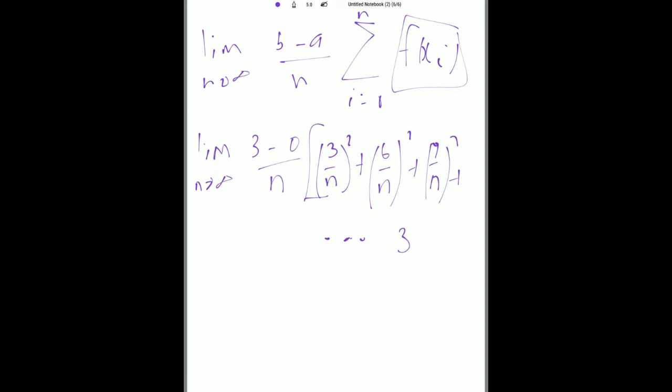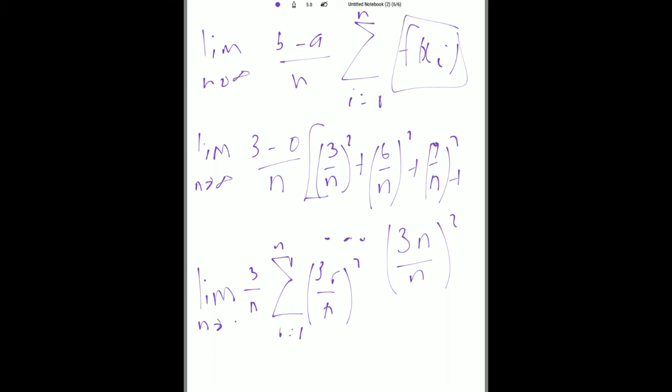So instead of writing just 3, we put it in the same fashion, which will be 3n over n, all squared. So this now simplifies to the limit of 3 over n times the sum of (3r over n) all squared from r equals 1 to n as n approaches infinity.